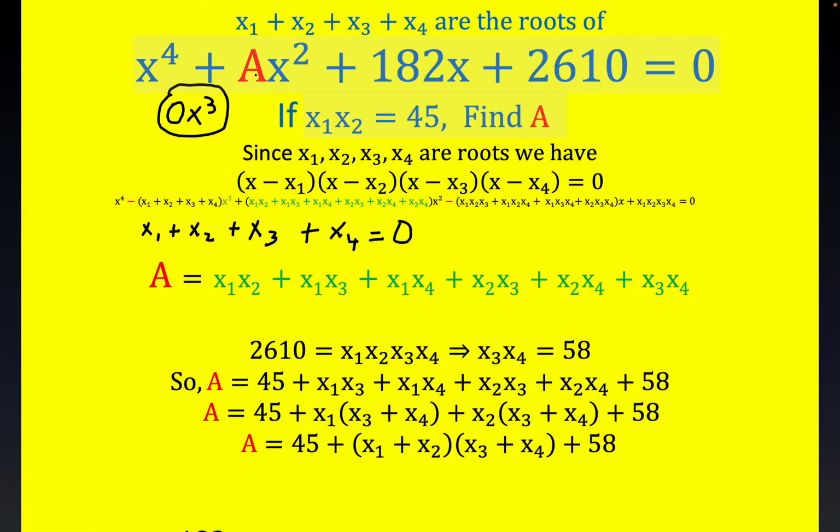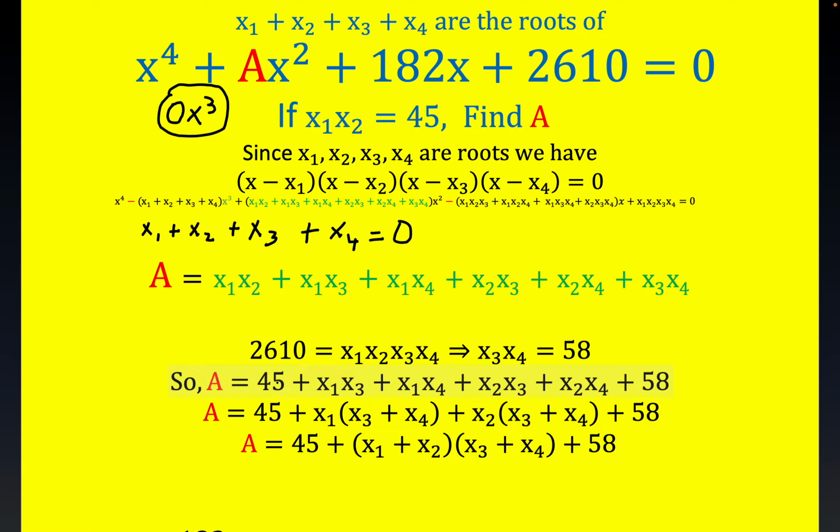Now what I've done here, folks, a is the coefficient of x squared. And I made this green just so your eyes won't get tired and I won't have to talk so much. But what we have right here is a is equal to all of this. And we are also given that x sub 1 times x sub 2 is equal to 45. So you see on this very next line, that's where the 45 comes from.